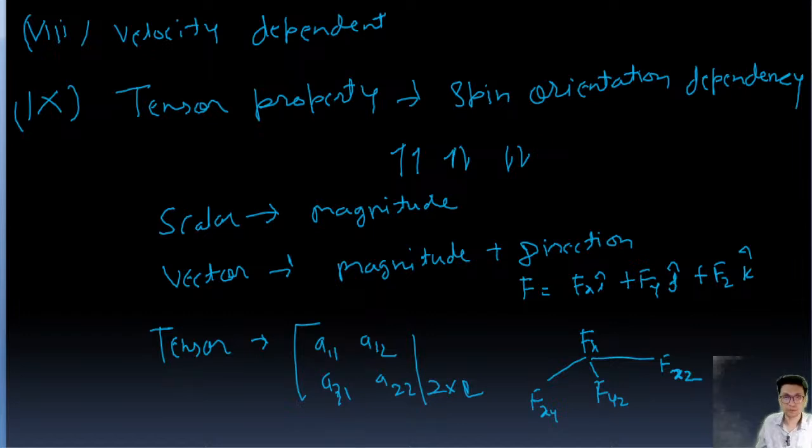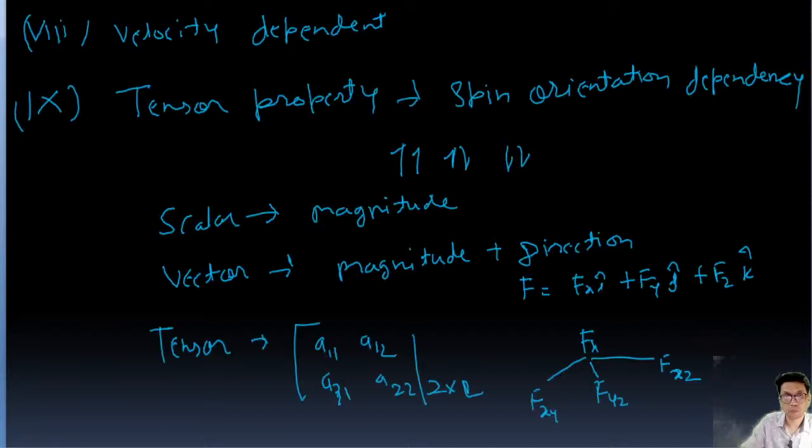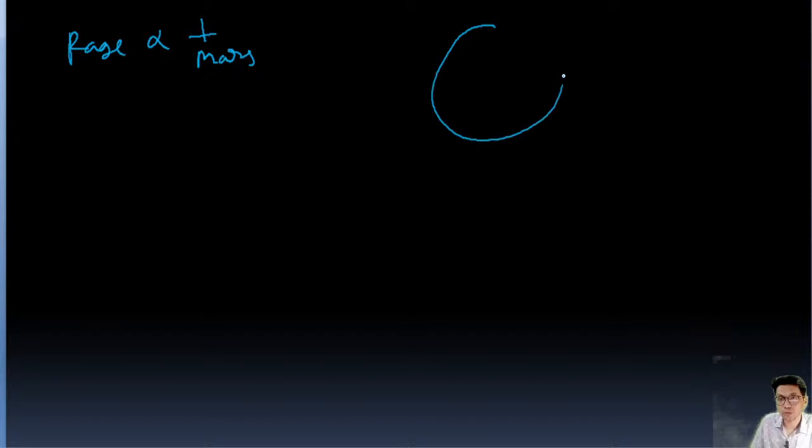The next point: we know that range is proportional to 1 upon mass for the nucleus. Suppose there is one proton, so there would be repulsive forces F1 and F2. This is the Coulomb force, right?